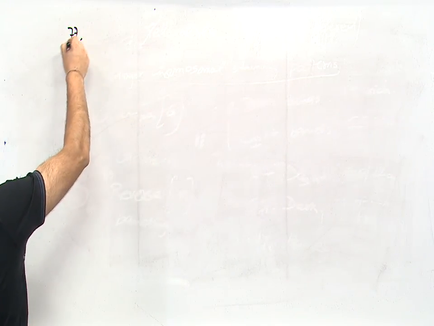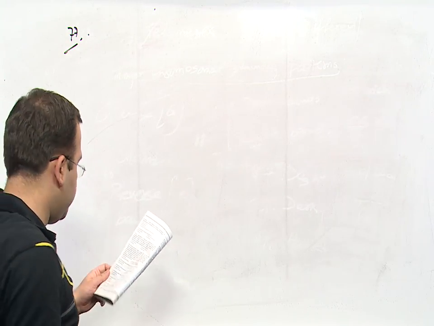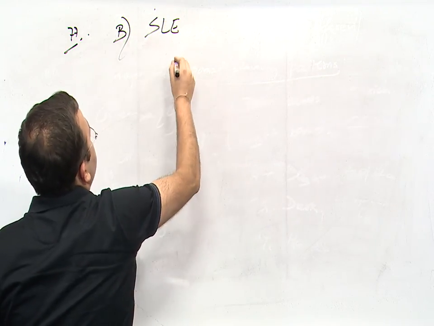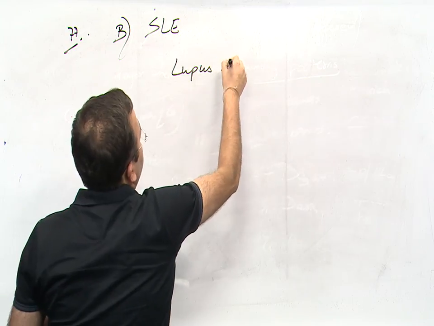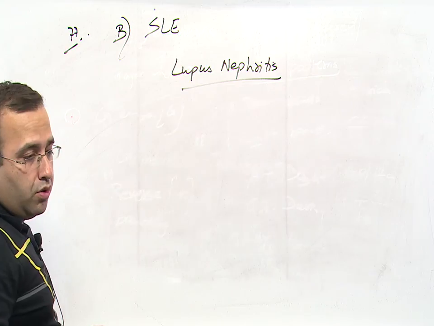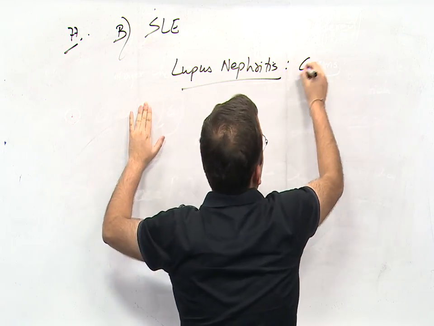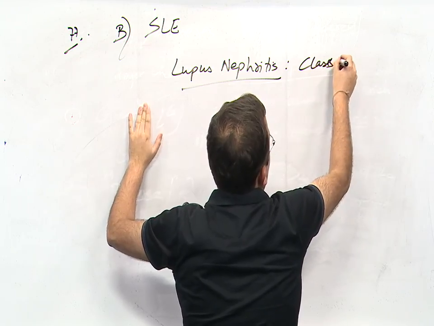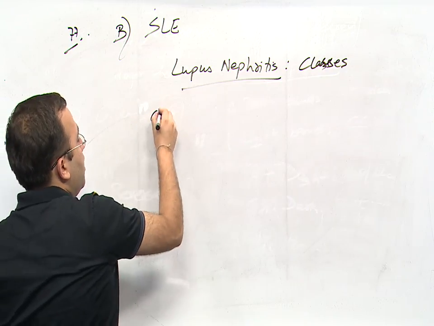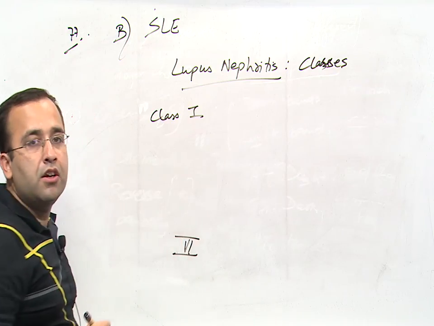Next, question 77. Easy. Wire loop lesions or wire loop thickenings are seen in lupus nephritis. Let us see a few things about SLE or lupus nephritis. It has 6 classes, class 1 to class 6.